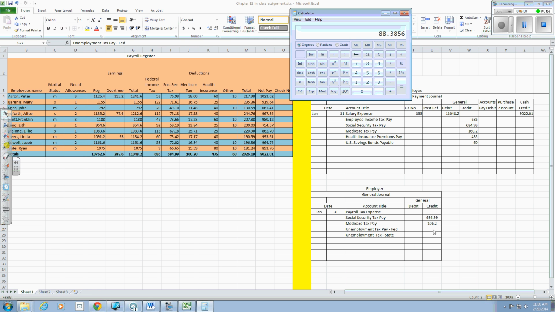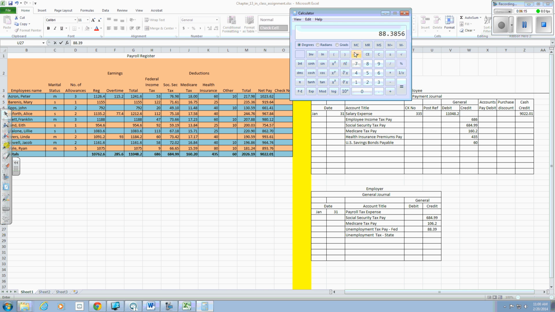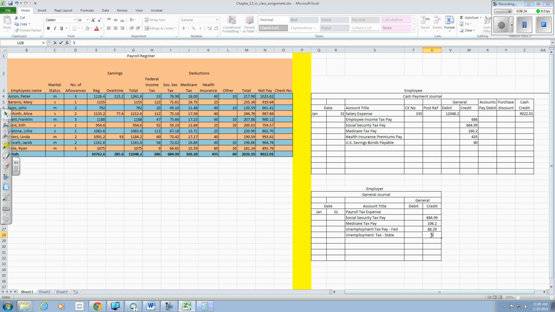So our federal is going to be $88.39. Now, along with that, we have to do the same thing. We're going to use our gross pay, $11,048.20, and multiply that by 5.4% or 0.054. That's going to give us $596.60. Okay, so those are all of the ones we have to record there.